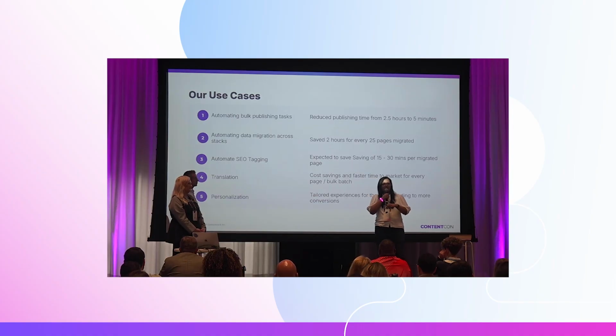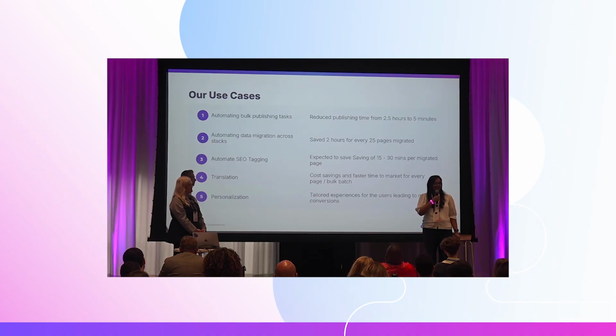But if you have bulk pages that you're okay with not having human reviews for every single page, Contentstack AI Translate could be a great alternative, because it would help you achieve the translation at a fraction of the cost and much faster as well.